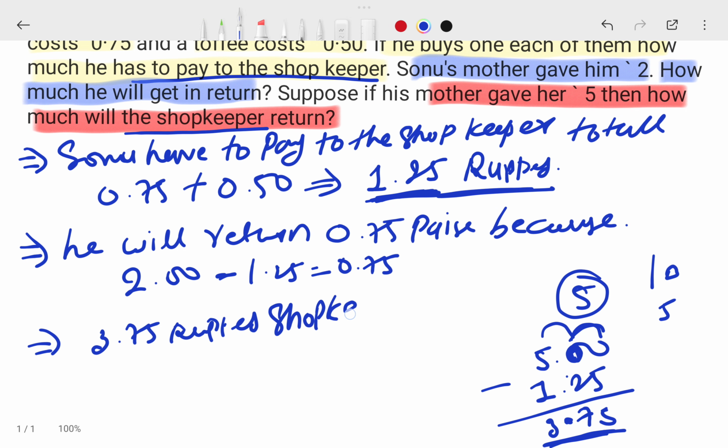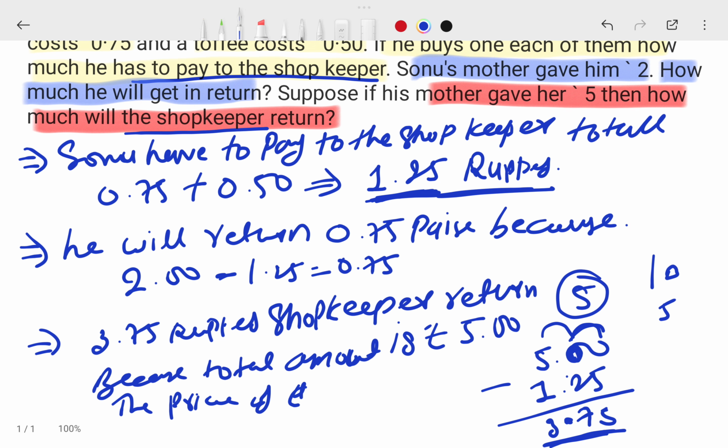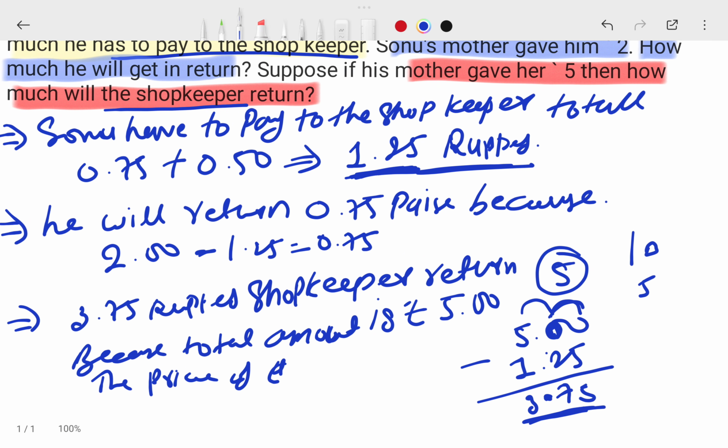Okay, the shopkeeper returned this because the total amount is 5 rupees, and the price of chikki and chocolate is 1.25.